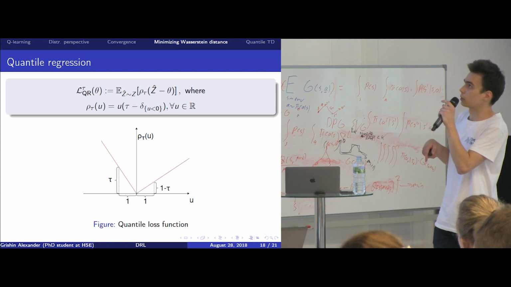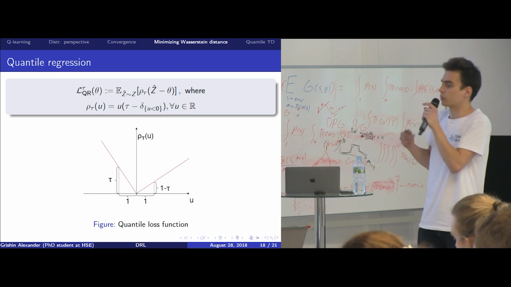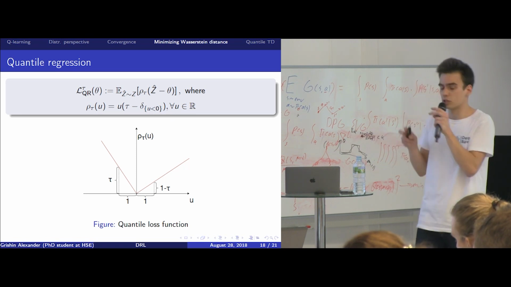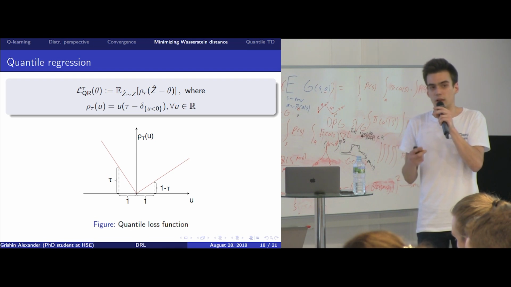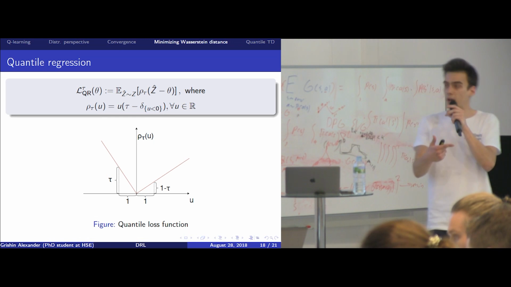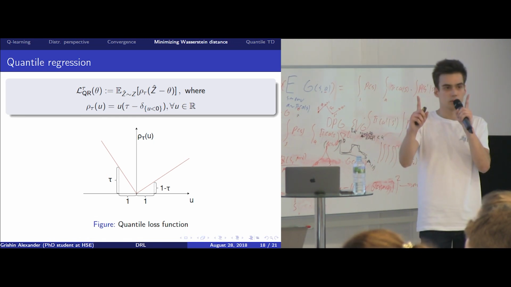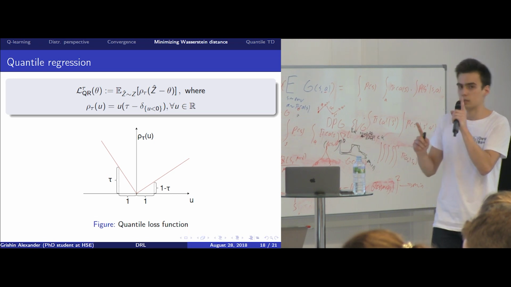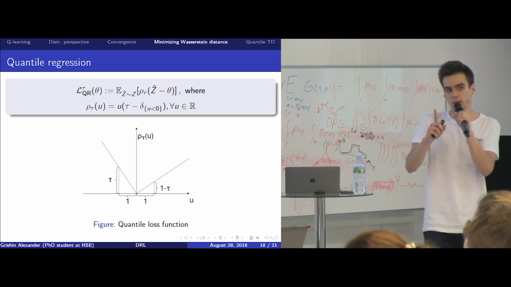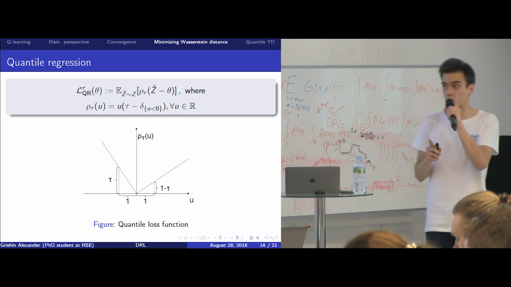The solution is pretty simple: in expectation we will get a quantile. If tau is equal to 0.5, we will get the median, just L1 loss. And if we rotate a little bit, we will get different quantiles of the distribution.